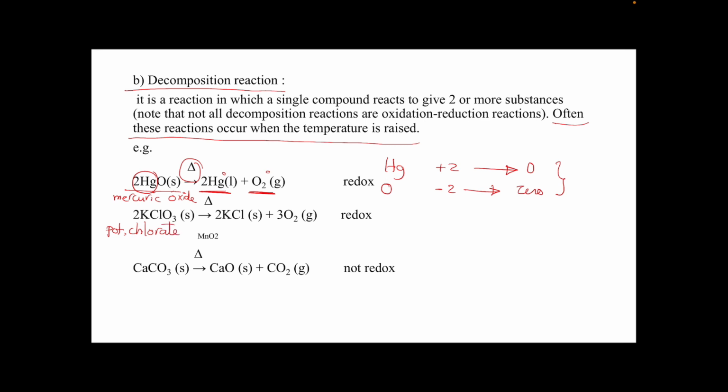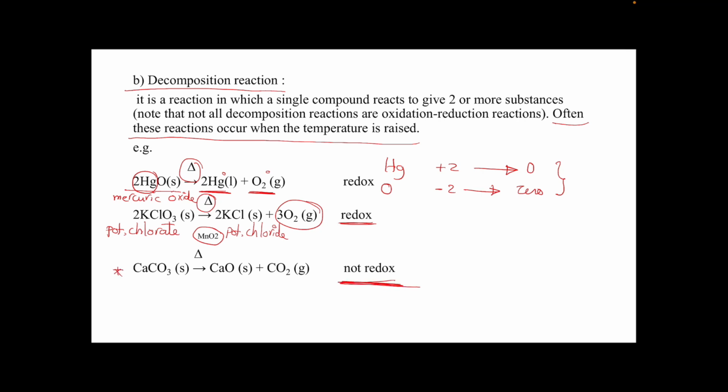The second example is potassium chlorate. It is converted by the effect of heat in the presence of manganese oxide into potassium chloride and oxygen gas.